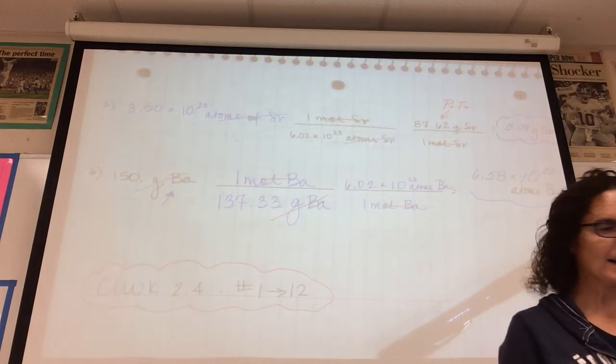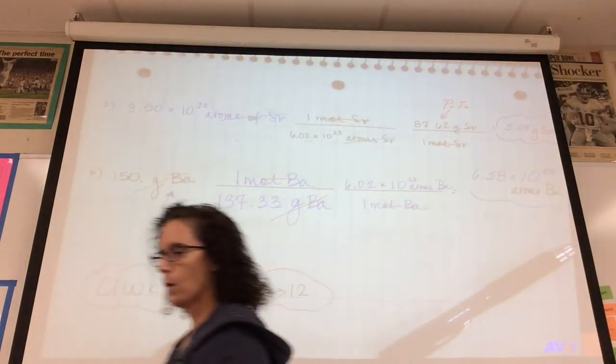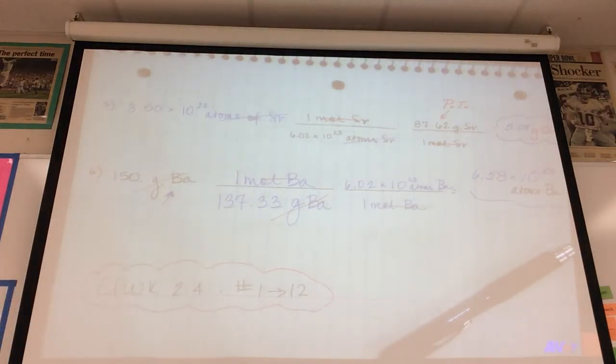All right, so we're getting a basis of the mole. The mole is a way that chemists can compare substances. You've got an equality that 1 mole of anything is equal to the mass in grams off the periodic table. That's known as molar mass.